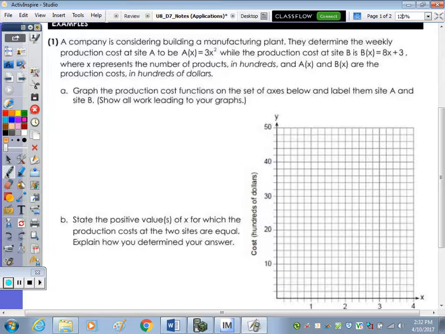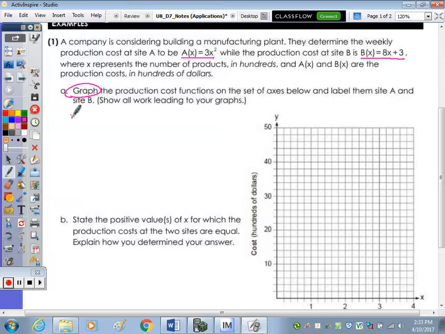That got some people caught up this morning. It's not a profit, it's a cost as your variable, okay? So graph our two functions, a of x equals 3x squared, and the other one, b of x equals 8x plus 3. So one's a quadratic, one's linear. Okay? This obviously tells you to graph, so it's not going to be an algebraic solution.